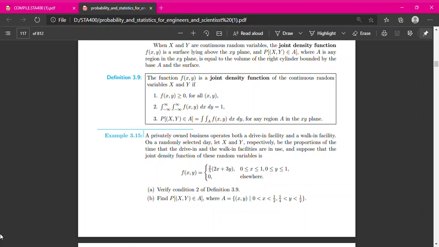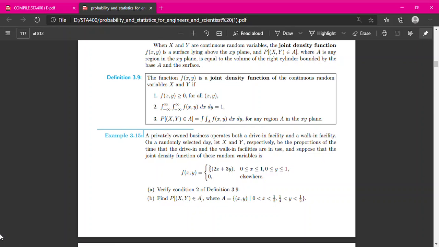In the previous lesson, you learned how to deal with the discrete density function, how to create the joint PDF table, and from there how to find the possible values for each x and y, and then find the probability for the pair of x and y.